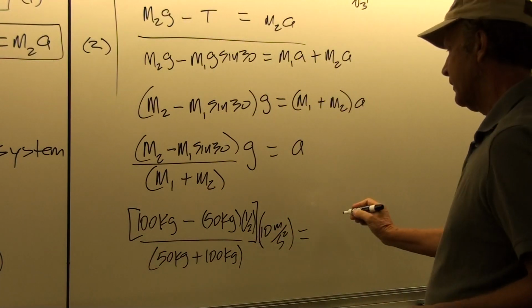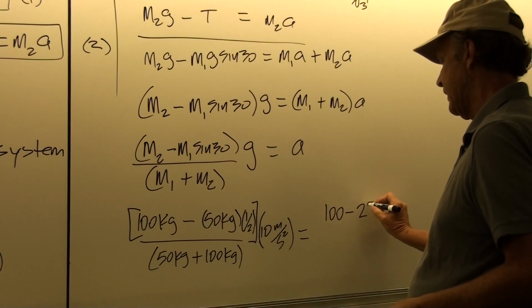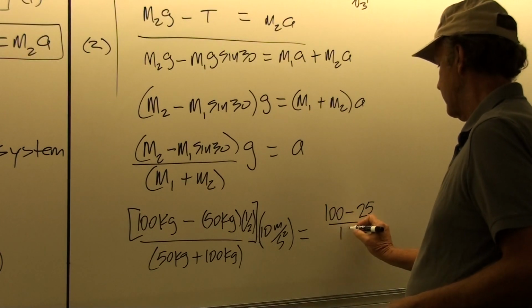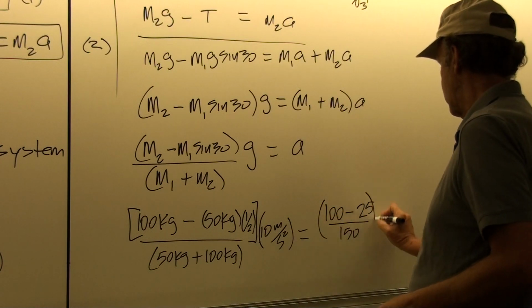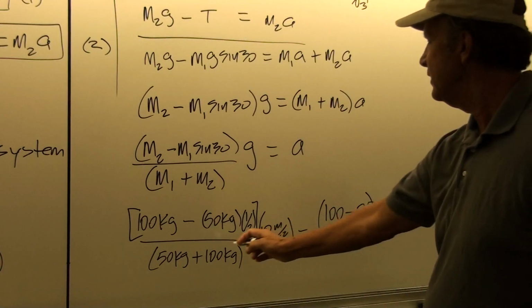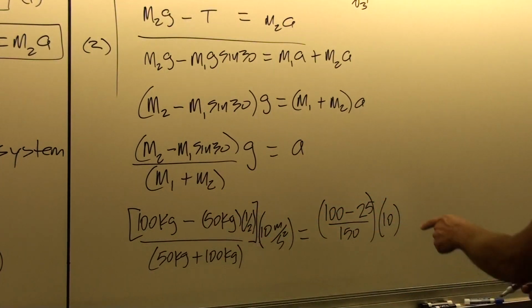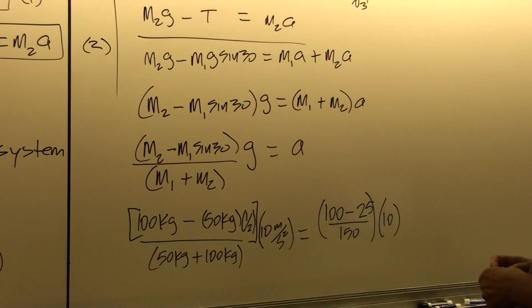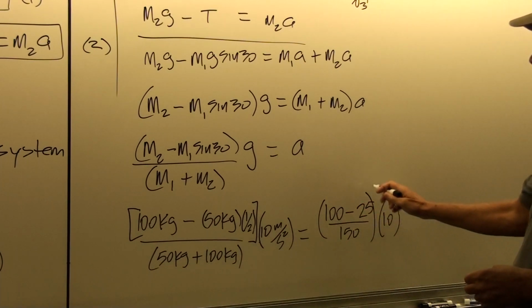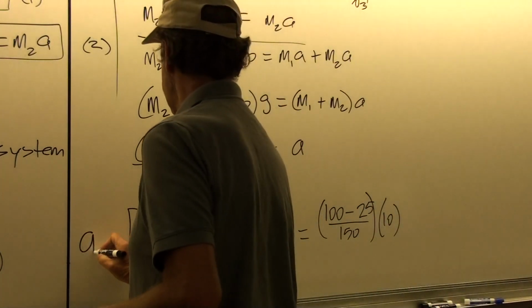Okay, and so then that's going to be 100 minus 25 divided by 150, all times 10. So notice here again, I'm putting the units in here so that I can check my work. But in the last step, I don't really need to do that. It just gets in the way of me solving the problem for an answer.